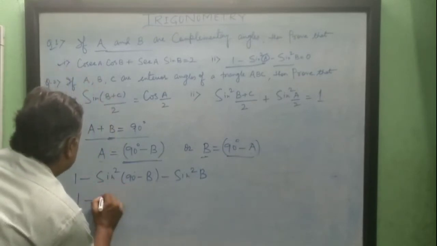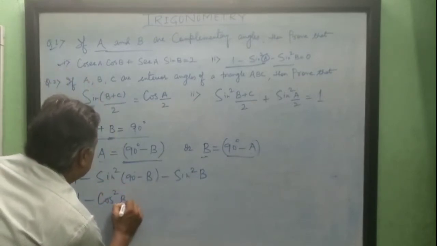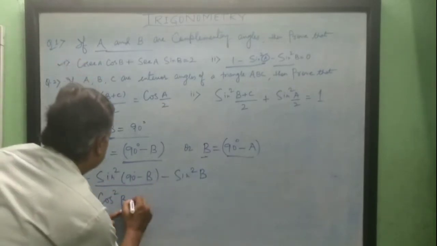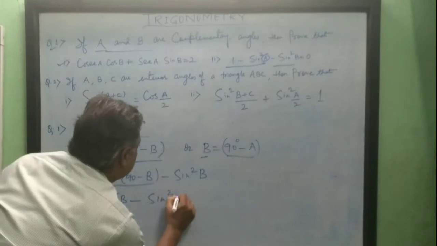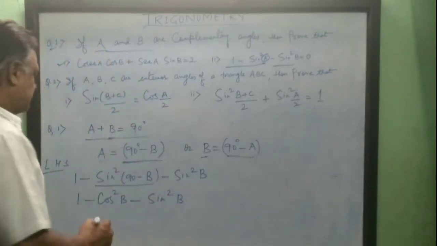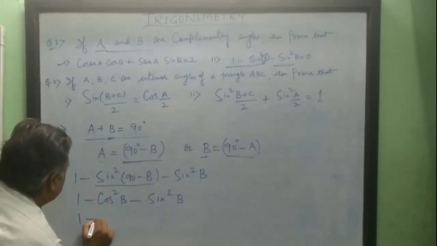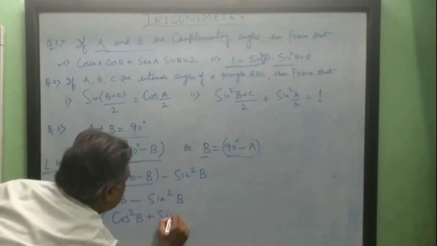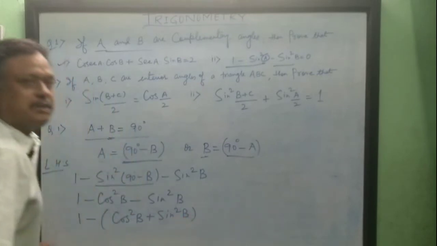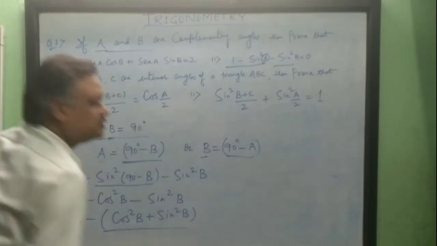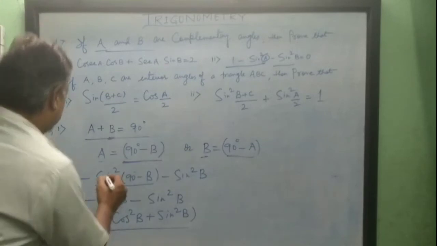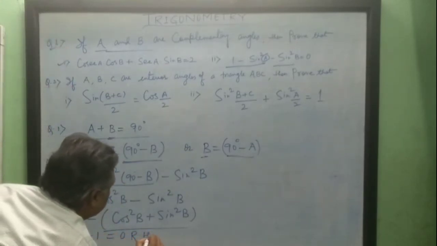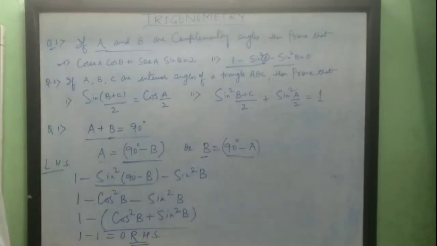So this will be cos square B minus sin square B will remain as it is. Now here it can be written as 1 minus within bracket cos square B plus sin square B, and sin square theta plus cos square theta is equal to 1. So 1 minus 1 is 0, which is RHS. Note it down.